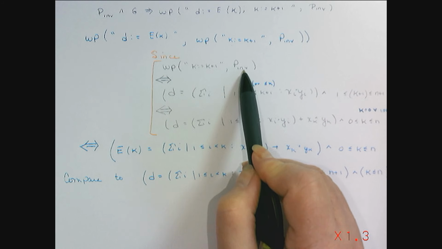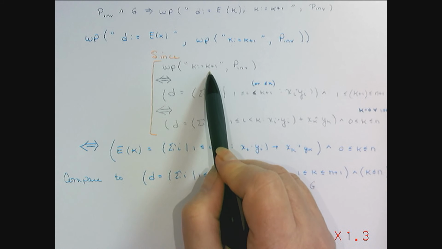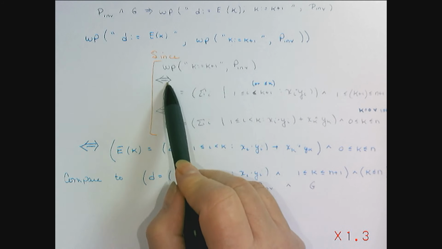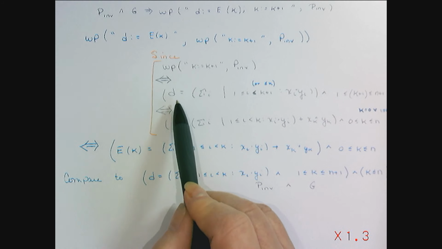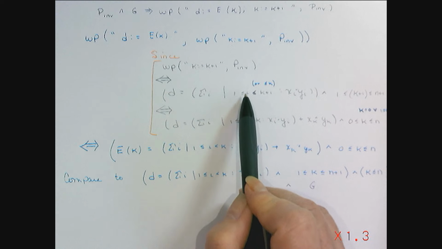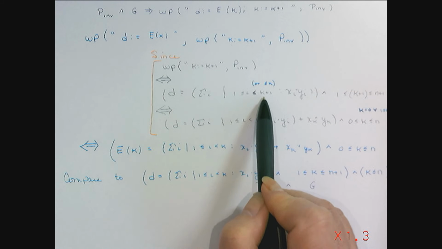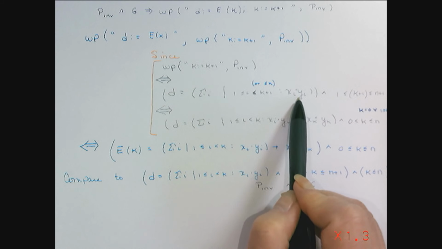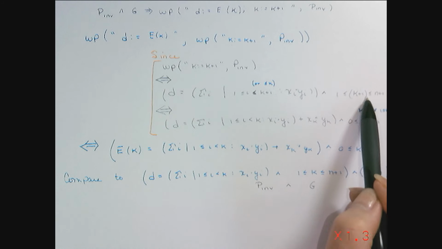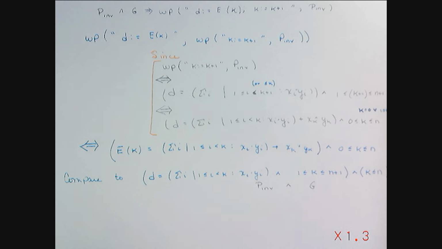So in the invariant, when I see k, it is replaced with a k plus 1, and that leads me to the predicate that d is the sum of i ranging from 1 to less than k plus 1 of xi times yi, and k plus 1 is between 1 and n plus 1, including the endpoints.